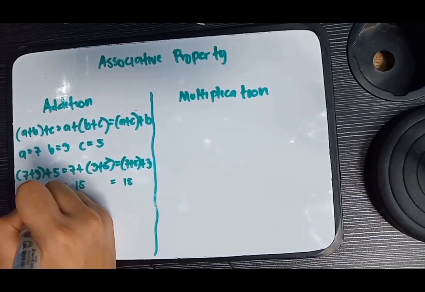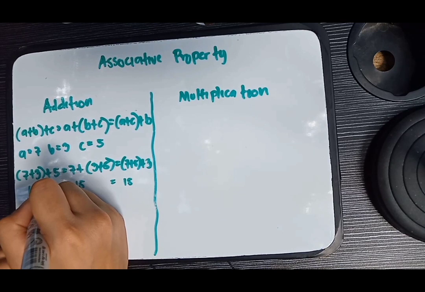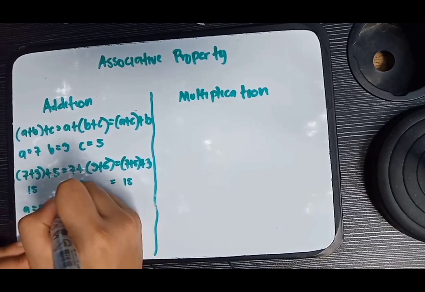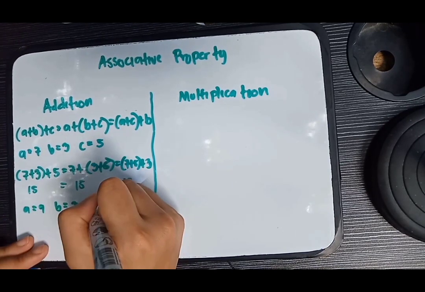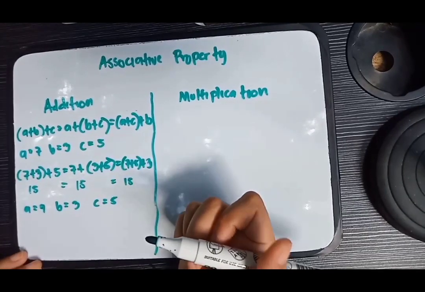See? Another example, let's say we have A is equal to 9, B is equal to 3, and C is equal to 5.